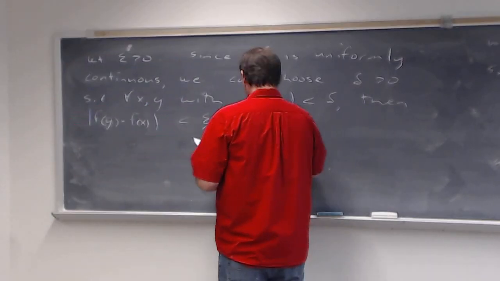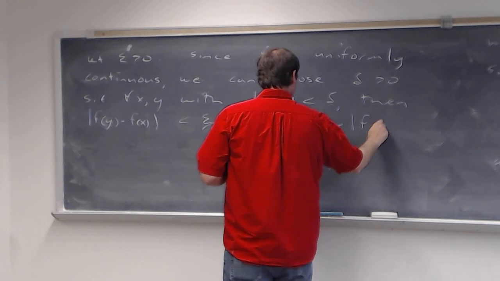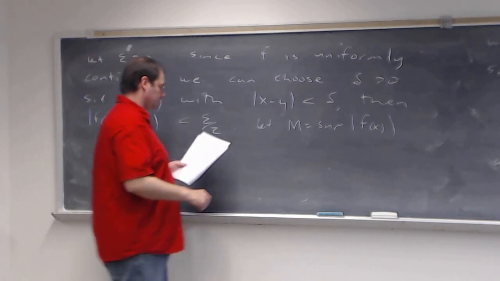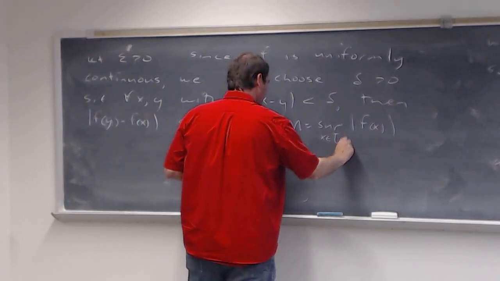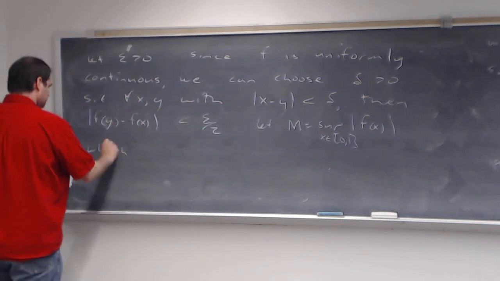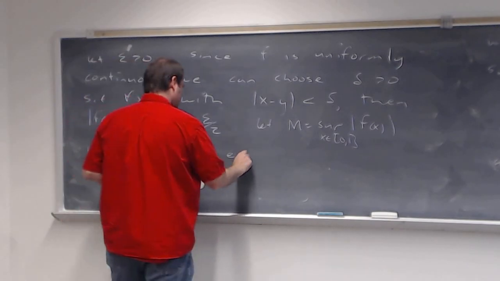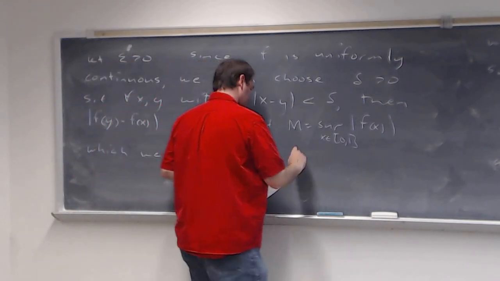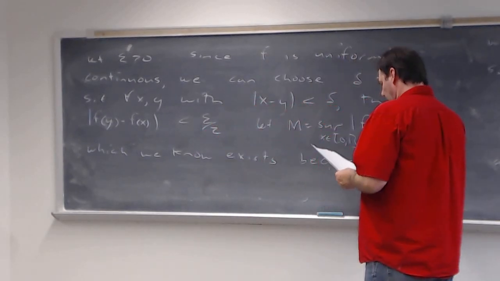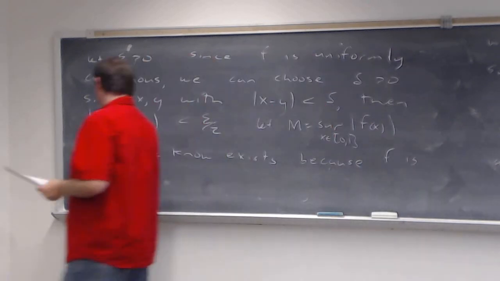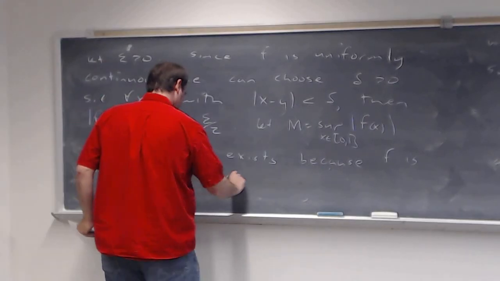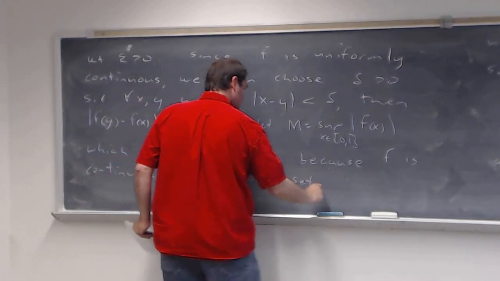So here we let m equal to the sup of the norm of f of x, over x in the interval 0 to 1, which we know exists because f is continuous on a compact set 0 to 1.